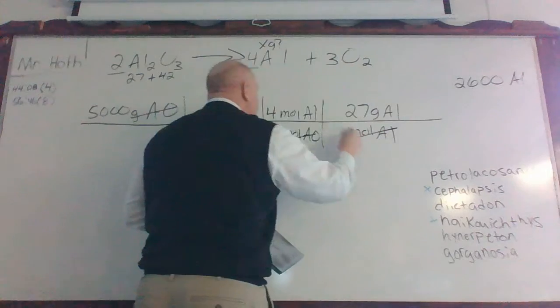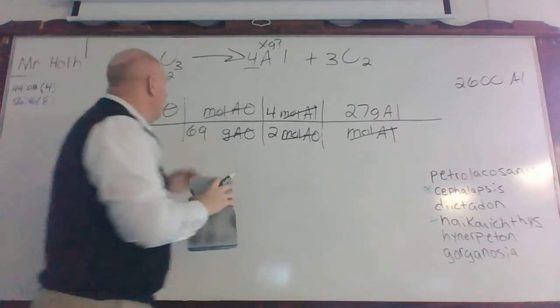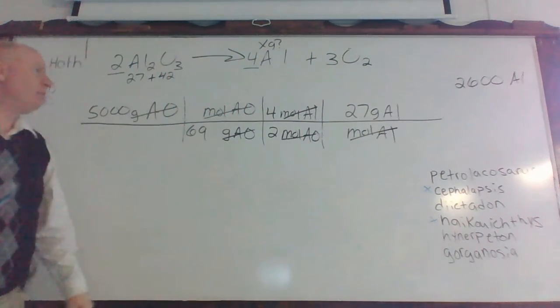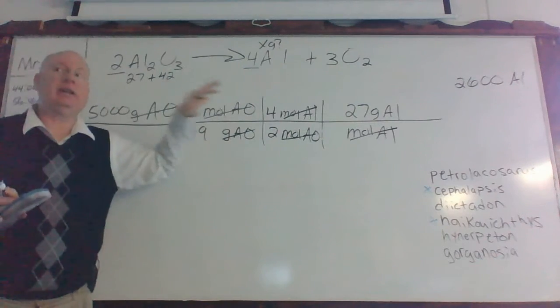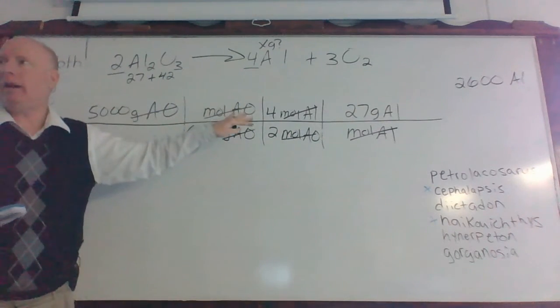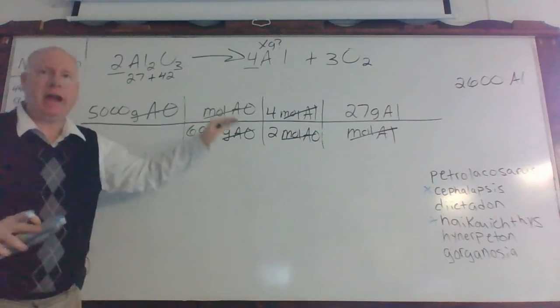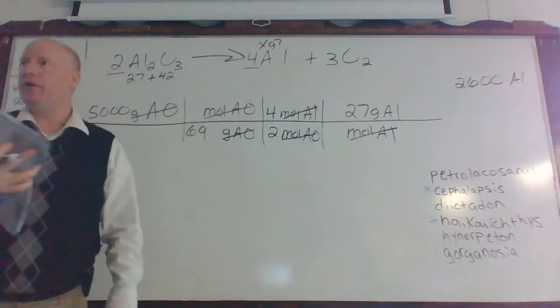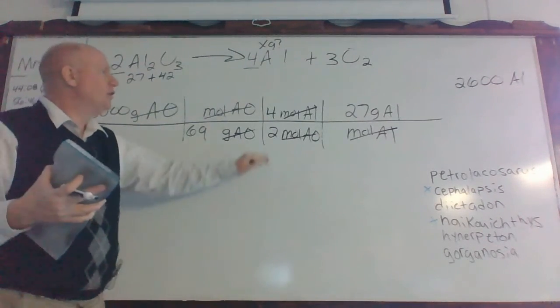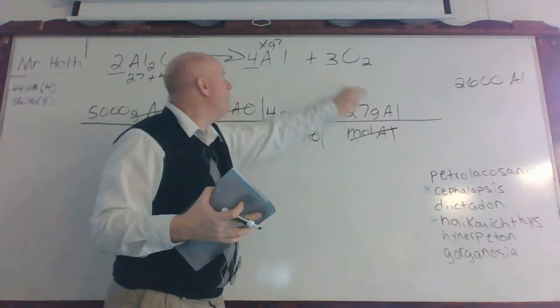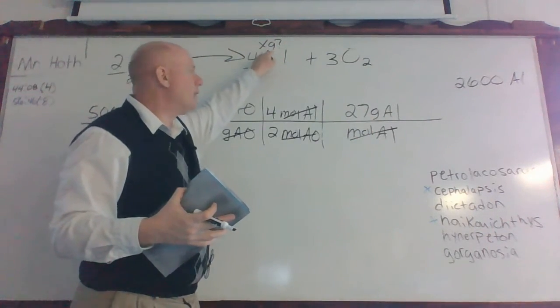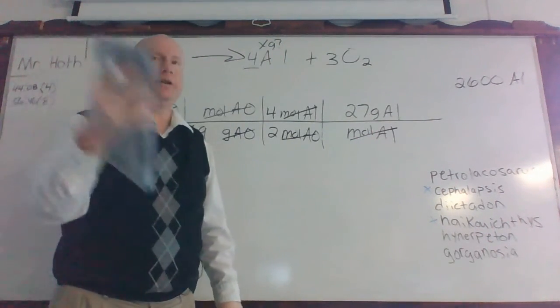These have canceled, and this is why when you're showing that factor label method, you can look back at this and see exactly what you have and what you need to convert it to. So we're left with grams of aluminum, and that's what we were looking for. So this tells us we are done.